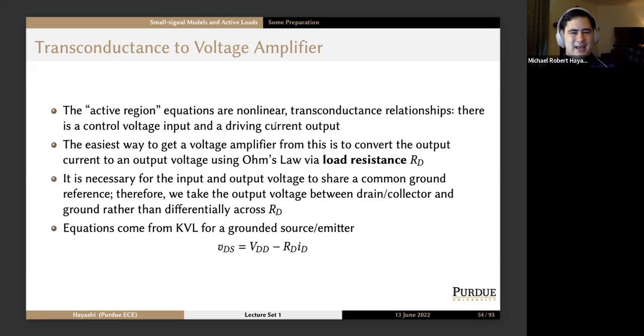It's much better to have the input and output voltage share a common ground reference rather than take it differentially across a floating resistor that doesn't have one of its terminals connected to ground. Therefore, we're just going to take the output voltage between the drain and ground instead. The equation from KVL for a grounded source amplifier is VDS equals VDD minus RD ID.